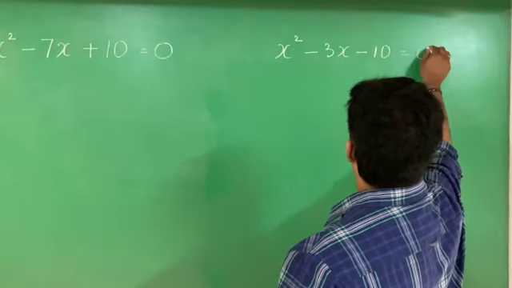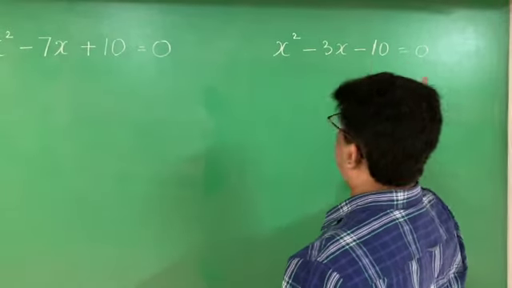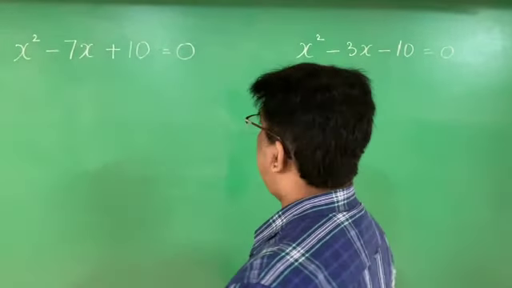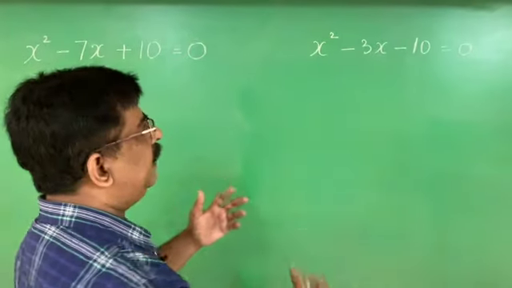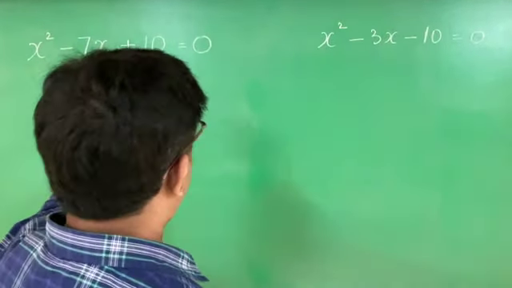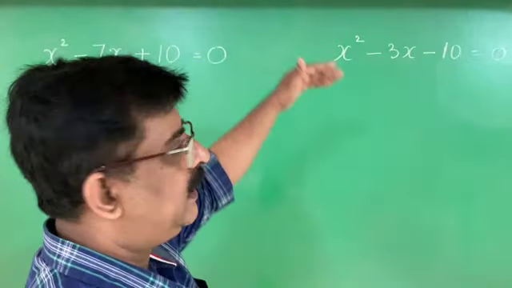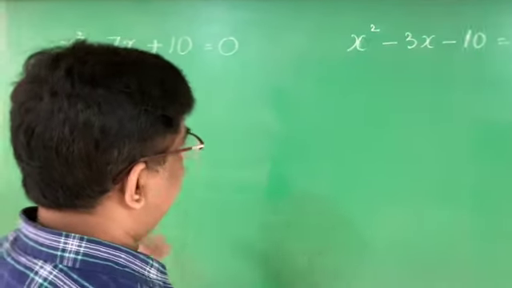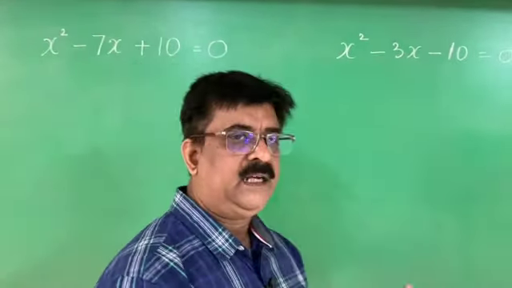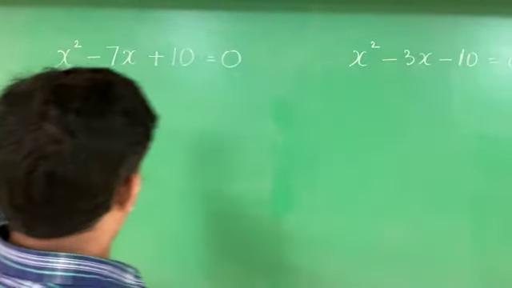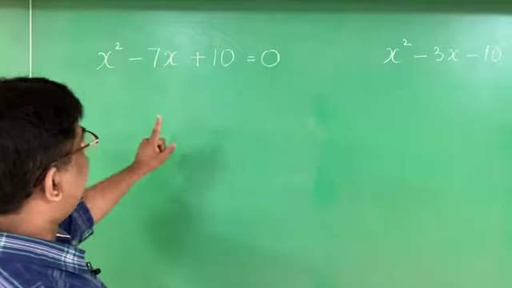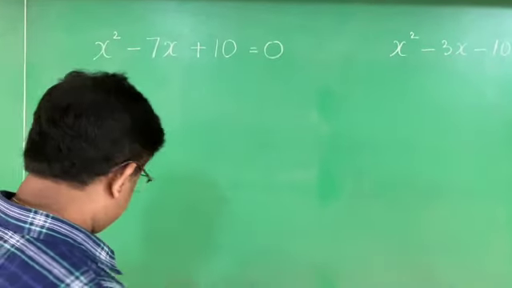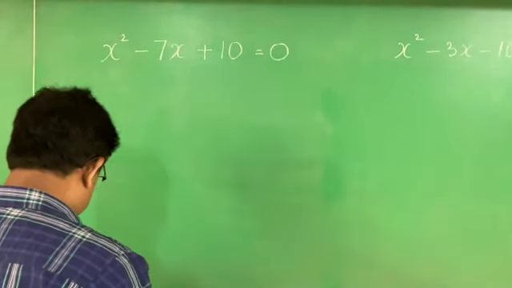See children, these 2 are quadratic equations. I solve these 2 equations because I know the trick of solving the quadratic equation. Once you understand the trick, it becomes easy for you to factorize all the problems given in the textbook.